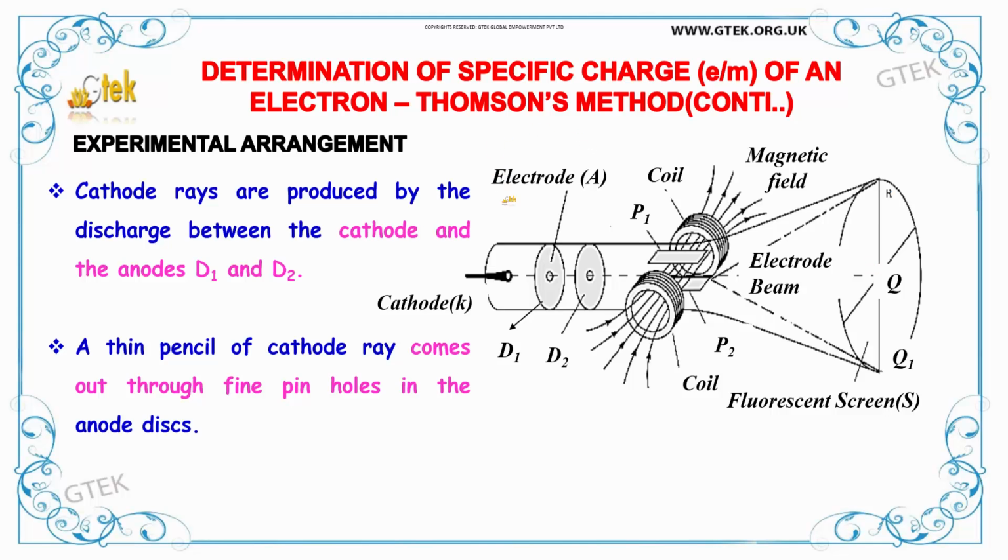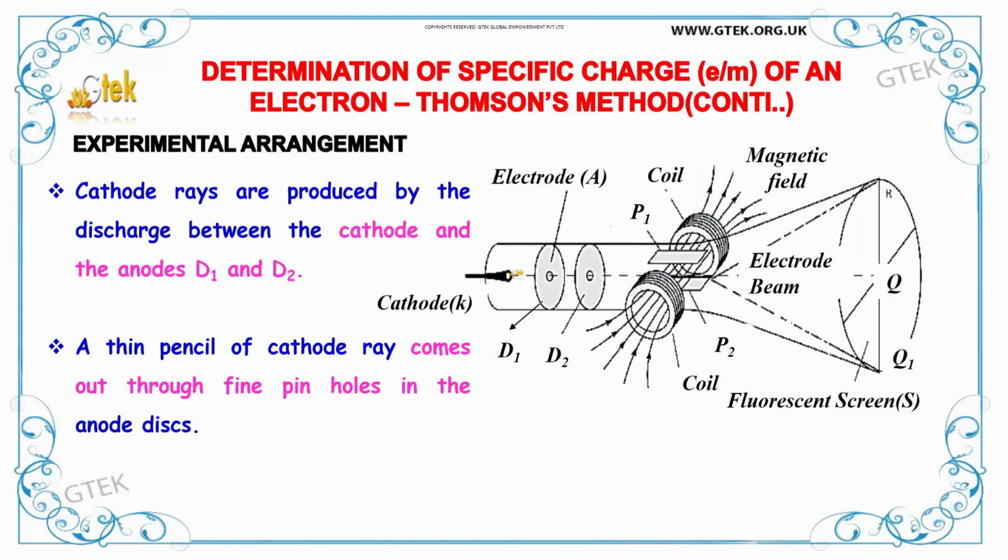Cathode rays are produced by the discharge between the cathode and the anodes D1 and D2. So the rays are passed from here to here and it is deflected by the magnetic field towards this direction or towards this direction.